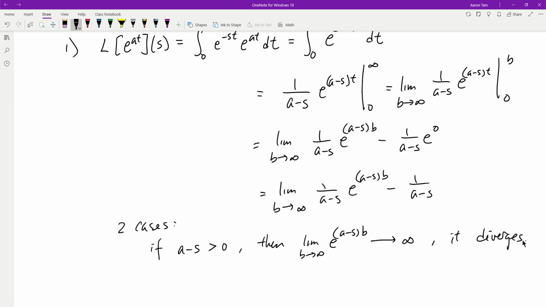Now, of course, here's the problem. In order for us to define the Laplace transform of this function, we need this improper integral to converge. So how do I make it converge? Well, it will be case 2.